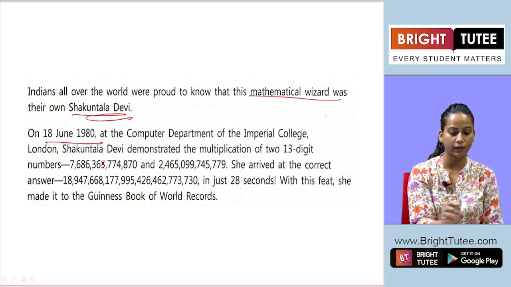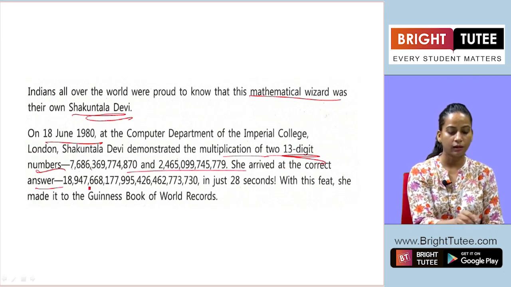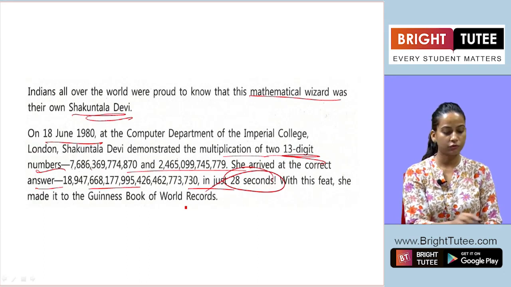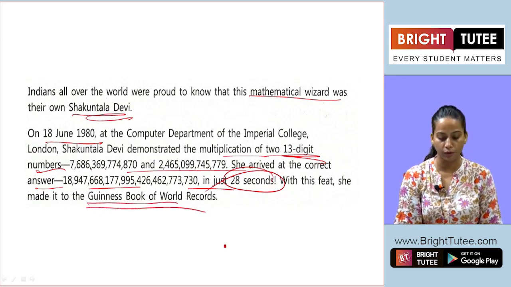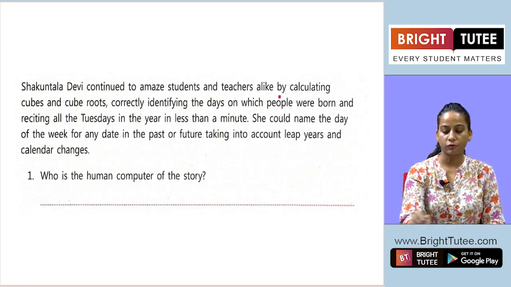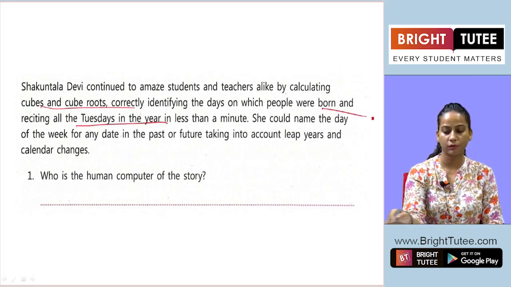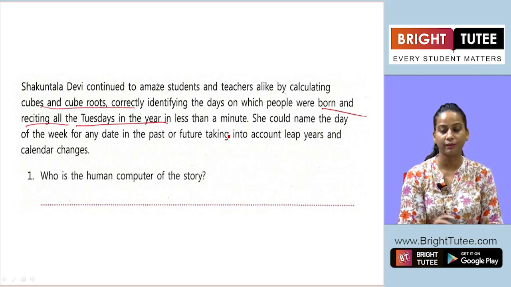Then on 18 June 1980, at Imperial College 13 digit numbers were used. She arrived at the answer in 28 seconds. With this feat, her name was recorded in the Guinness Book of Records. She continued to amaze students and teachers alike by calculating cubes and cube roots. Born on Tuesday in the year, even this is one of the characteristics mentioned. She can recite all the Tuesdays in the year in less than a minute.